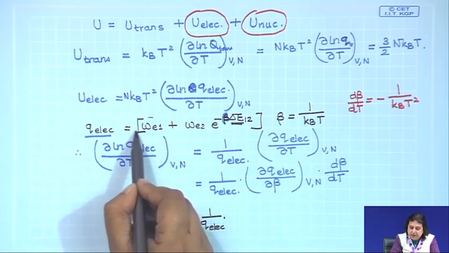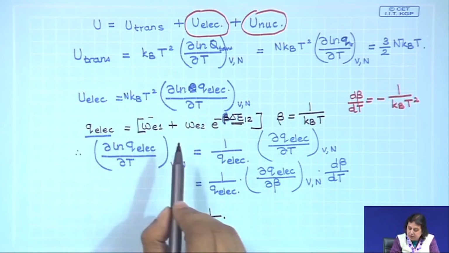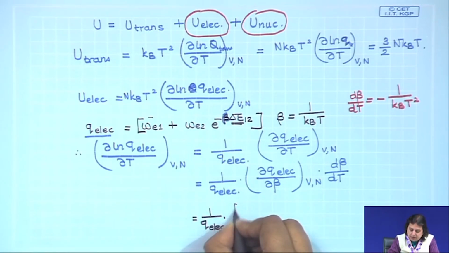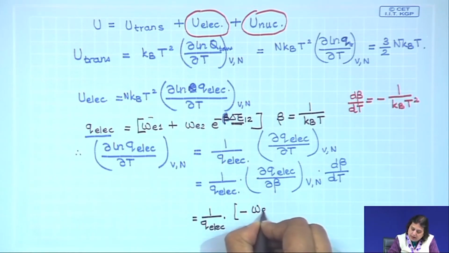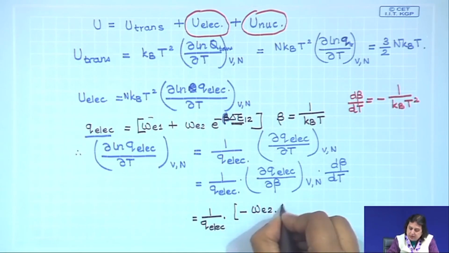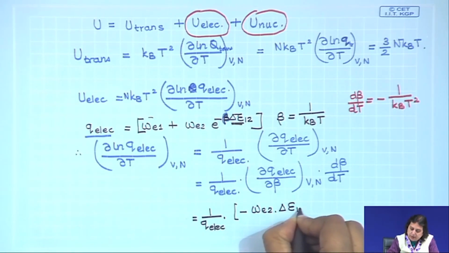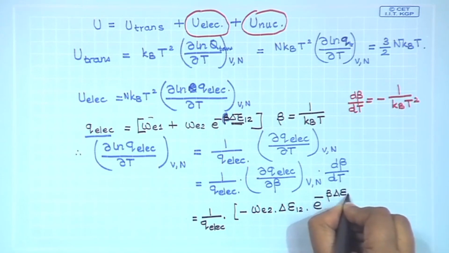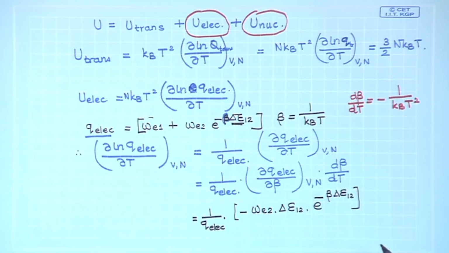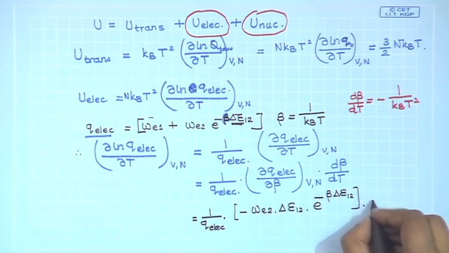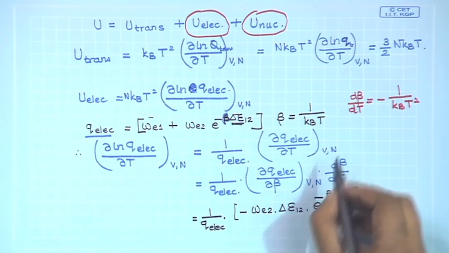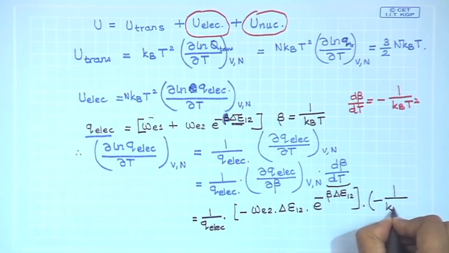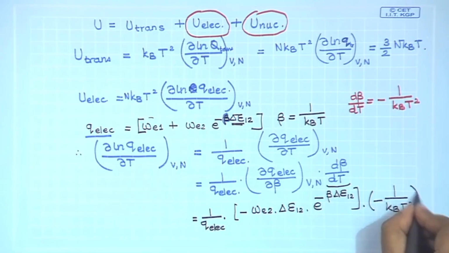The first term is independent of beta, so that drops out, and I have contribution from the second term, and the contribution is minus omega E2 into delta E12 into exponential minus beta delta epsilon 1 2, right. And then I have a multiplication again coming from this term, and that is minus 1 by kBT square.